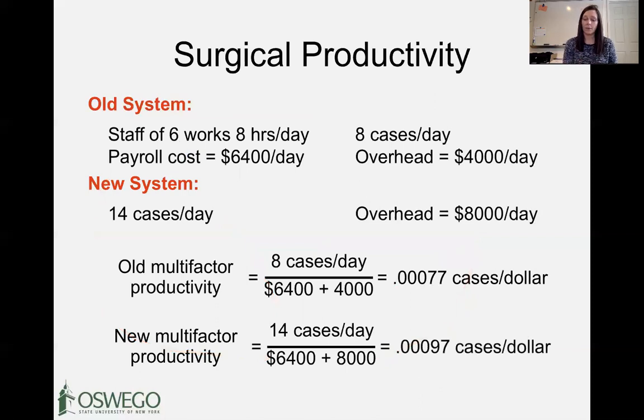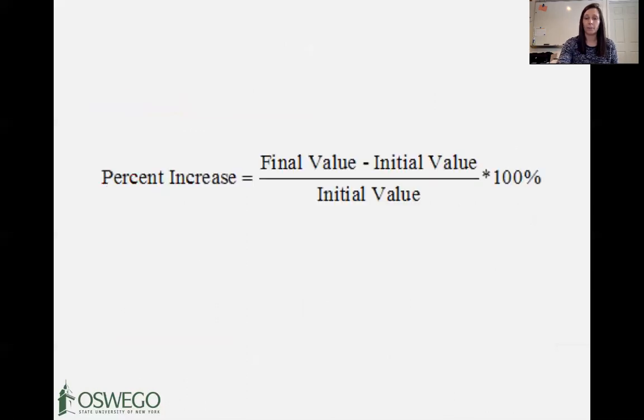So it's interesting if you look at the difference between single factor and multi-factor productivity. If we go back to the single factor labor productivity, it really looks like there's a substantial increase. But once we take into account all of the factors, including that overhead, we're still seeing some increases, but they're not nearly to the extent that we saw before.